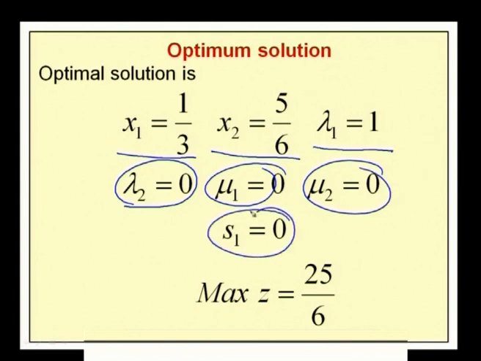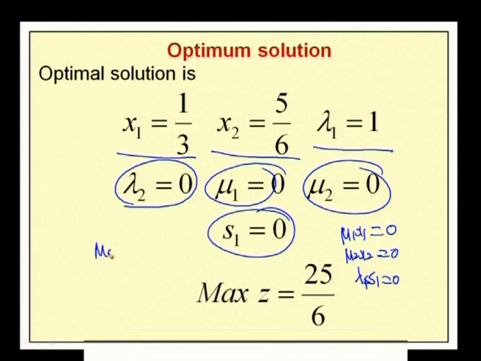Now, this optimal solution satisfies the complementary slackness conditions mu 1 x1 equal to 0, mu 2 x2 equal to 0 and lambda 1 s1 equal to 0. Moreover, all these values satisfy the restriction on the Lagrangian multipliers.